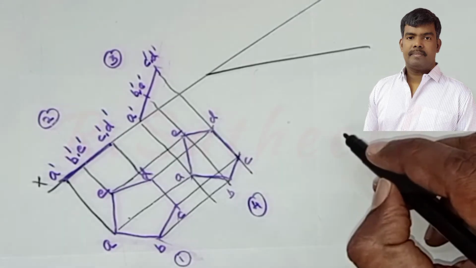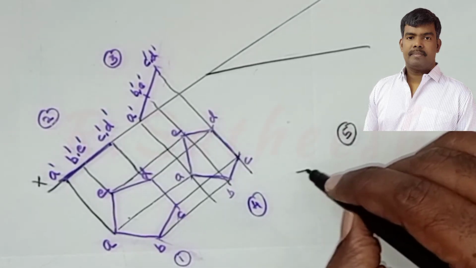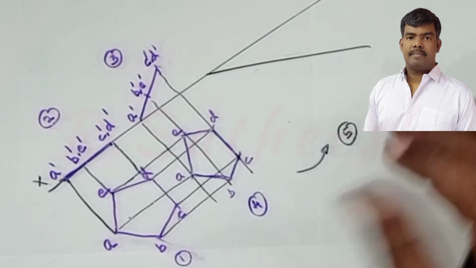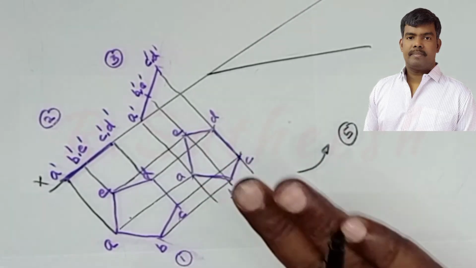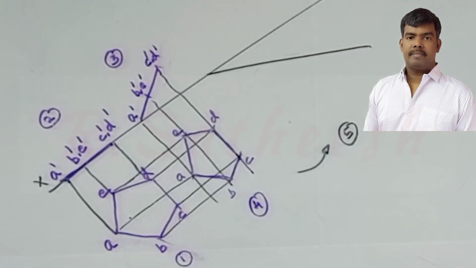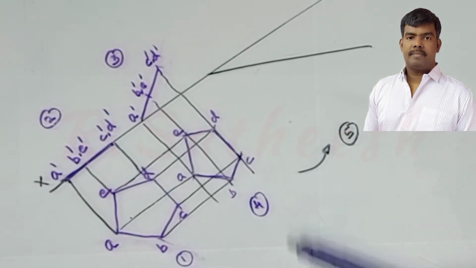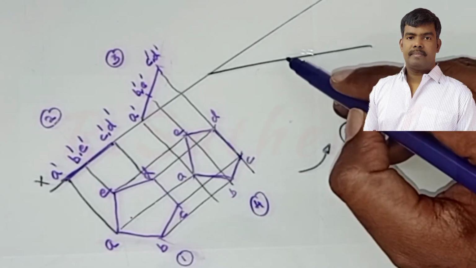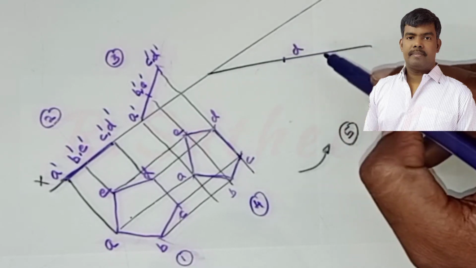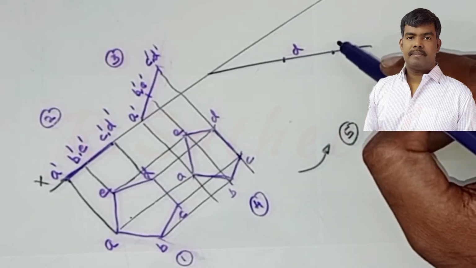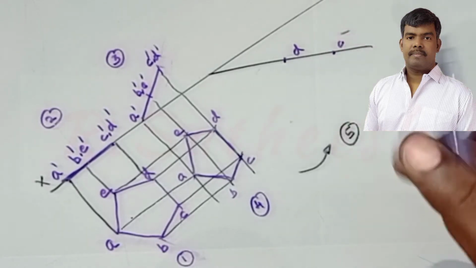The fourth and fifth diagrams are the same shape and size. The only difference is that here CD is perpendicular to VP, and here it is inclined to VP. So you mark C and D first. This is the D point, then mark the C to D distance, this is the C point.